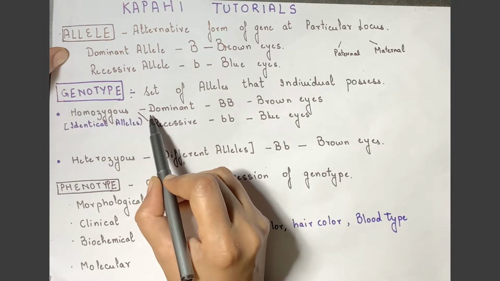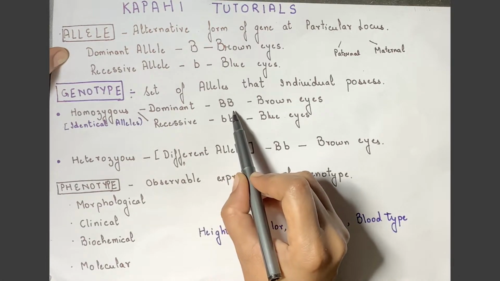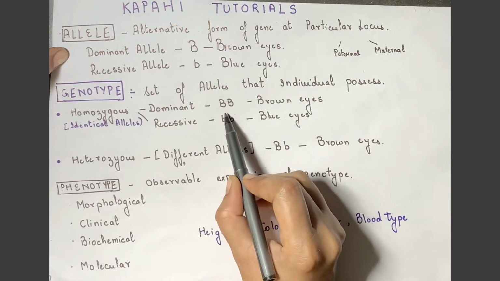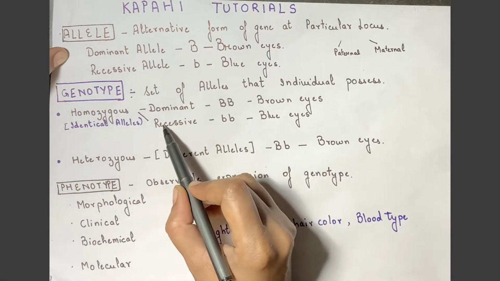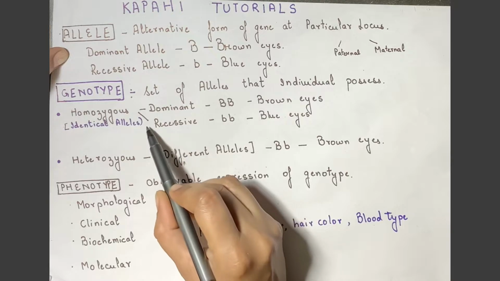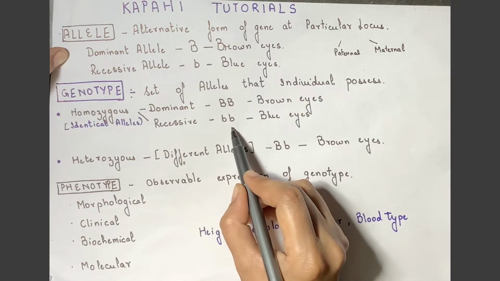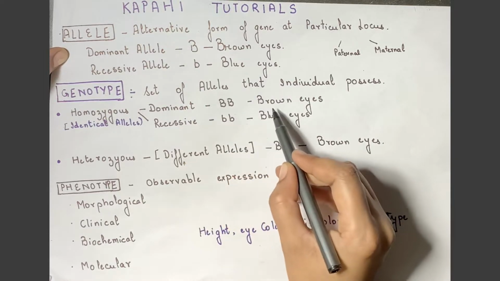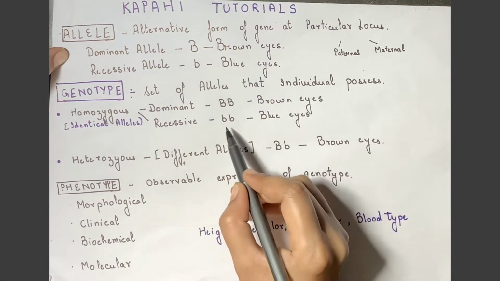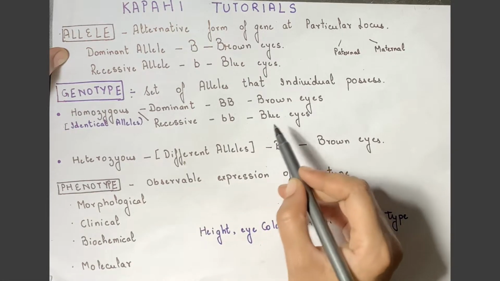Homozygous dominant, having two dominant alleles at the particular locus, represented by two capital letters. Homozygous recessive, having two recessive alleles at the particular locus. In this case, capital B represents brown eyes, small b represents blue eyes.